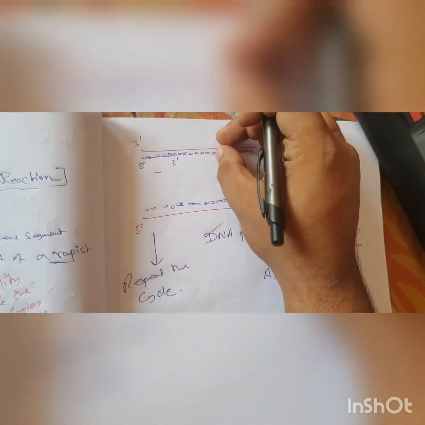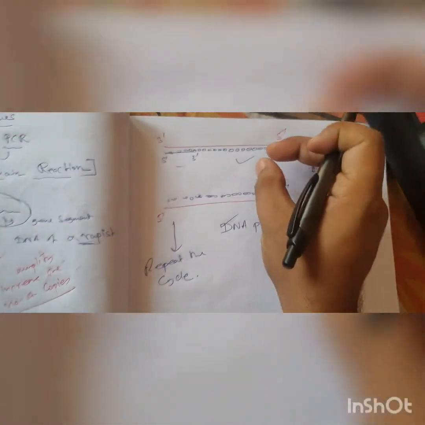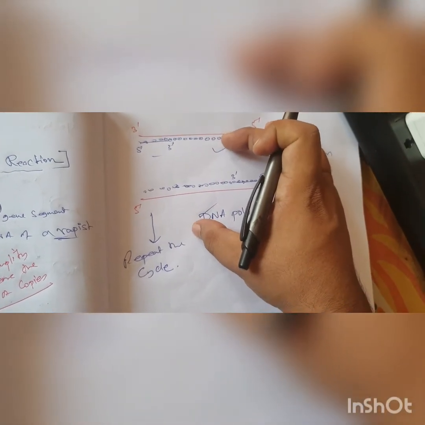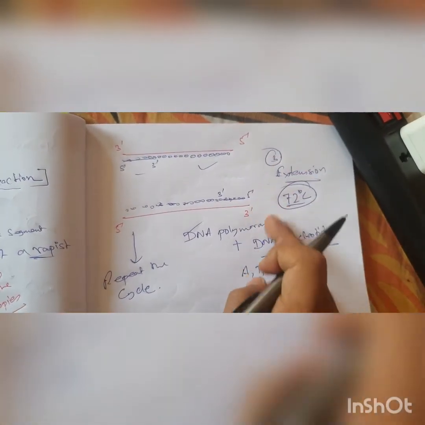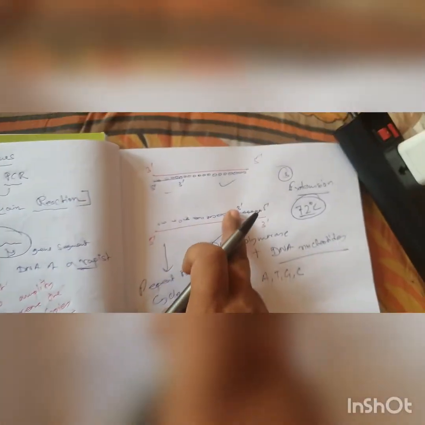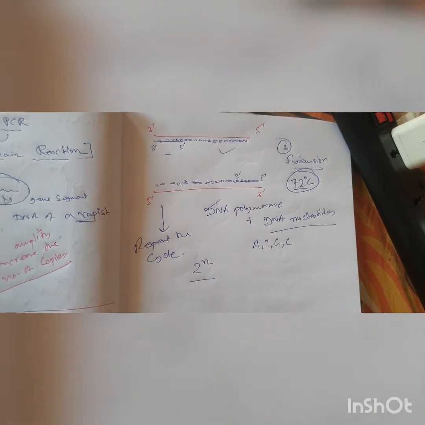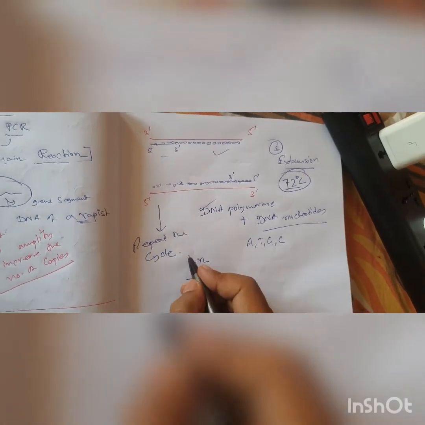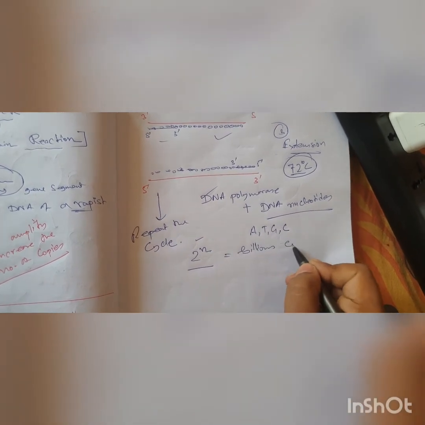Again, if you treat it to 92 degrees Celsius, then again these two will be separated. Again you will add primer. Again this step will come, and now you will get 2 copies from here and 2 copies from there. So from 1 to 2 copies, to 2 to 4 copies, and in this way, by each cycle, the number will increase by 2 to the power n. Yes or no? n is the number of cycles. So with that you can get billions of copies in just a few cycles.